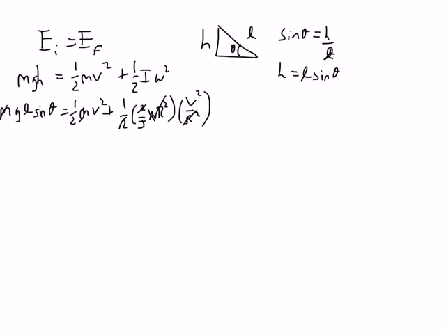So that cancels. So we are left with this. Right, after everything cancels. So we can combine those v squared terms. So we get 5/10 and 2/10, or 7/10 v squared. And now it's just a matter of solving. So we'll multiply by 10, divide by 7, and take the square root.